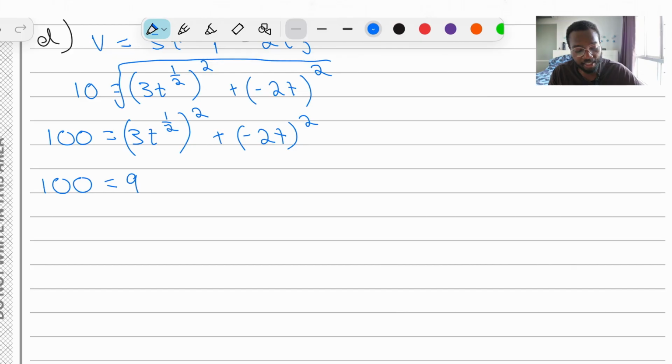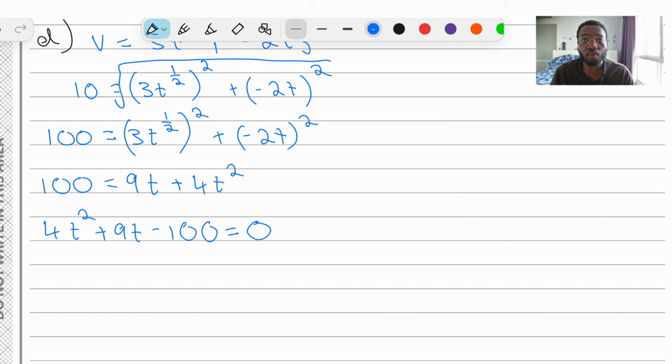And then t to the power of a half, you times that by the 2, that would just simply leave 9t. And then for this one here, minus 2t squared, that would just be a positive 4t squared. Now, if we bring everything to the same side, we would get 4t squared plus 9t minus 100, and that would equal 0.